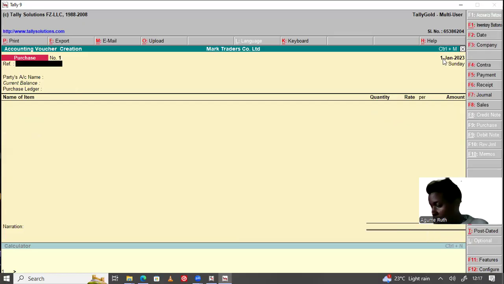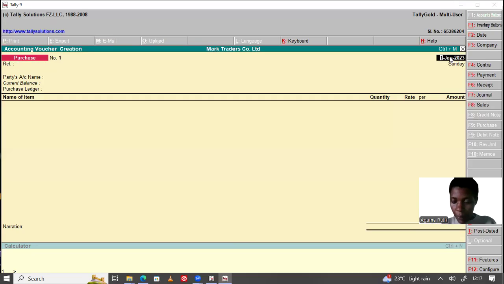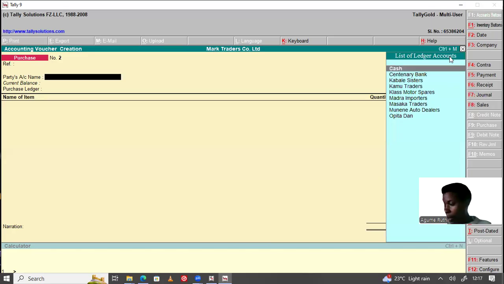So the next transaction is bought. So I now go to, yes, it is still a purchase. So I first edit the date. The date is 7th January 2023. Then here they're saying from Kabale Sisters and paid half.